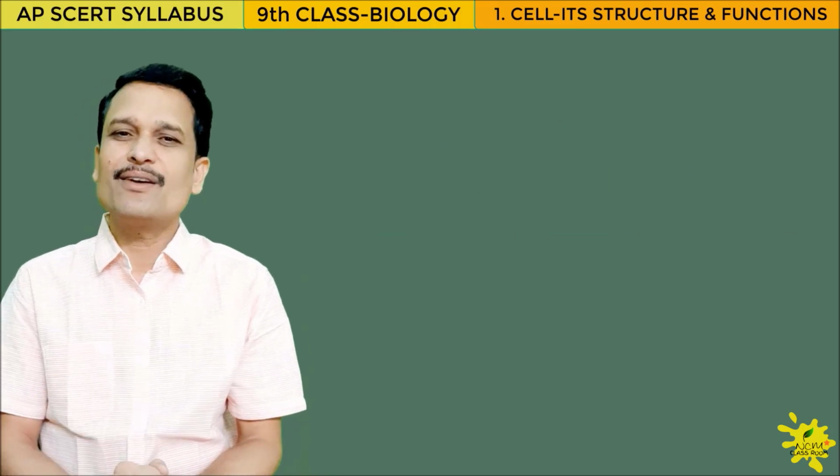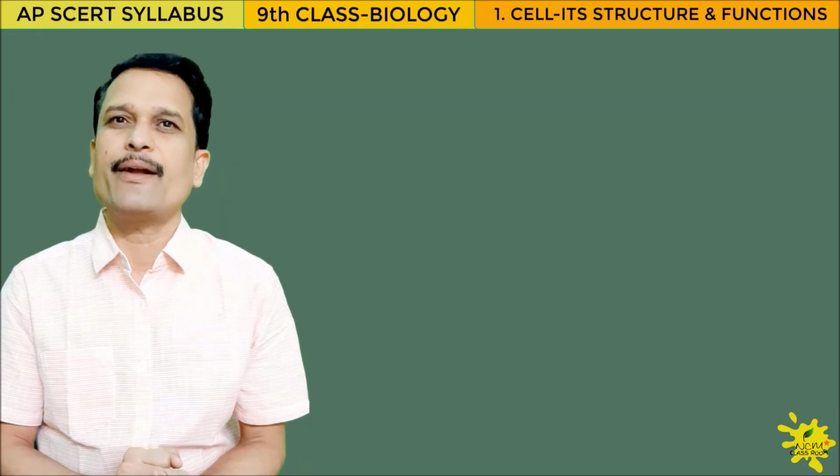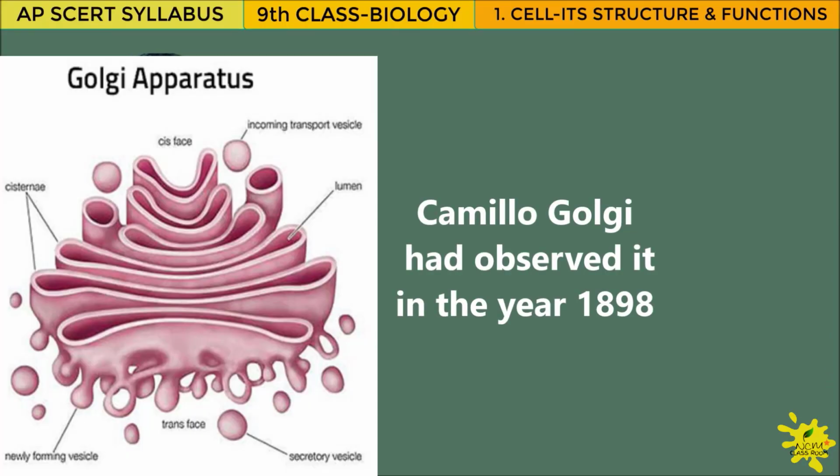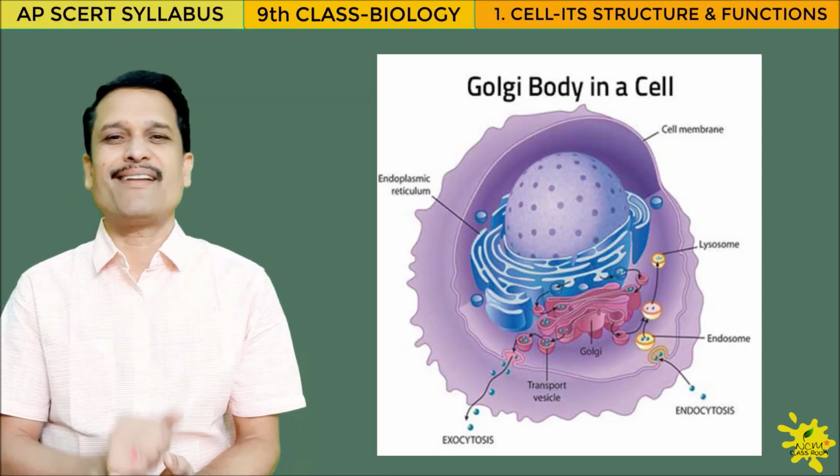Another topic is the Golgi complex. Camillo Golgi had observed it in the year 1898 using a compound microscope. But its finer structure can be observed only under an electron microscope.